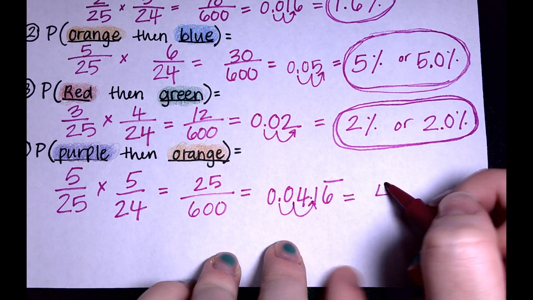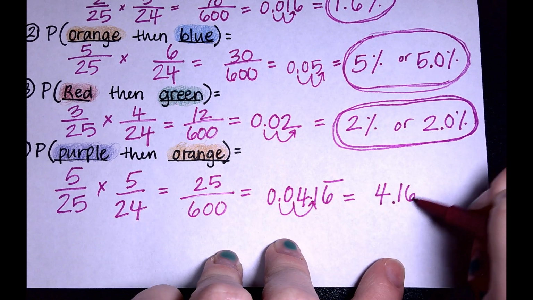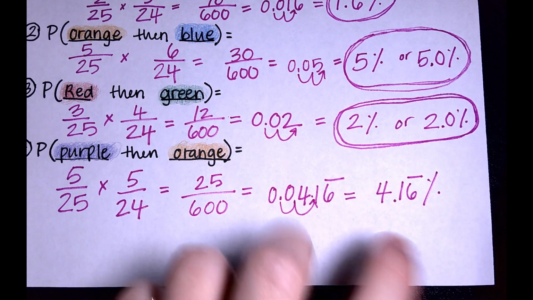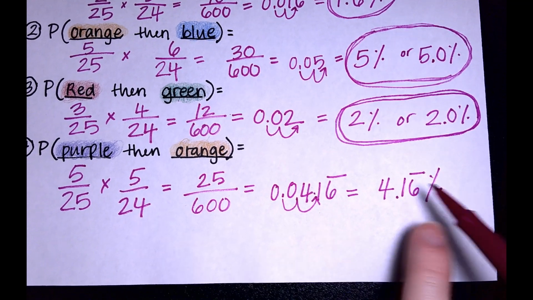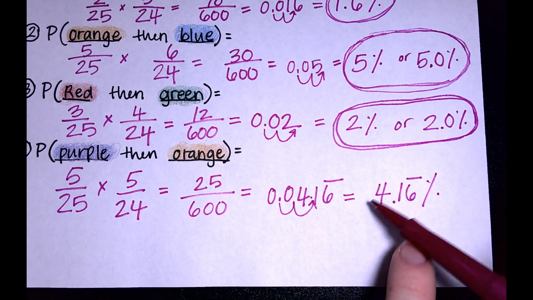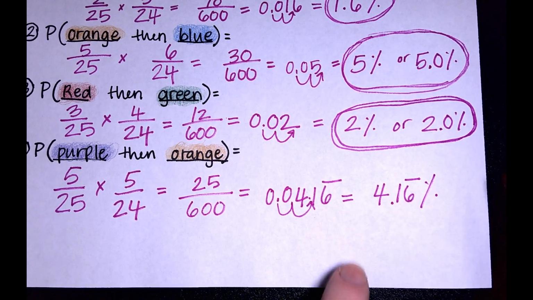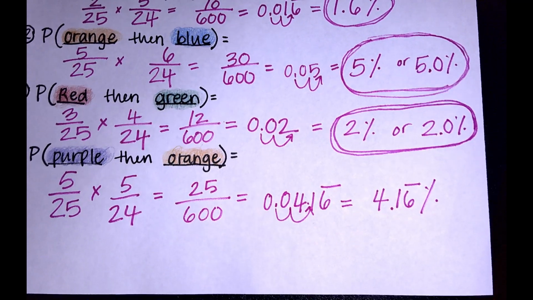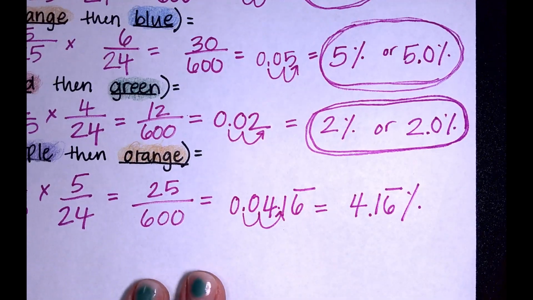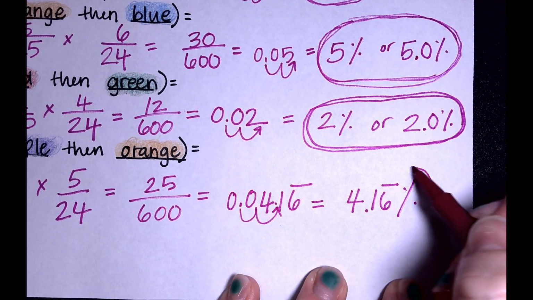Perfect. 4.16 repeating percent. If you got rid of the 6 repeating, you could have either written 4.1 or 4.2. If we rounded it properly, it would be 4.2, but I will not count 4.1 wrong. That is just as good.